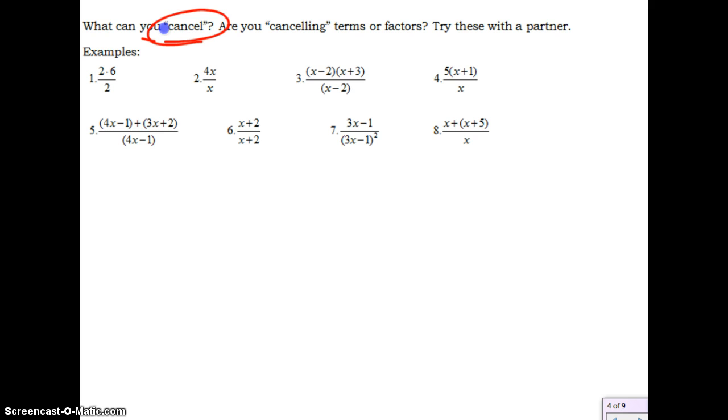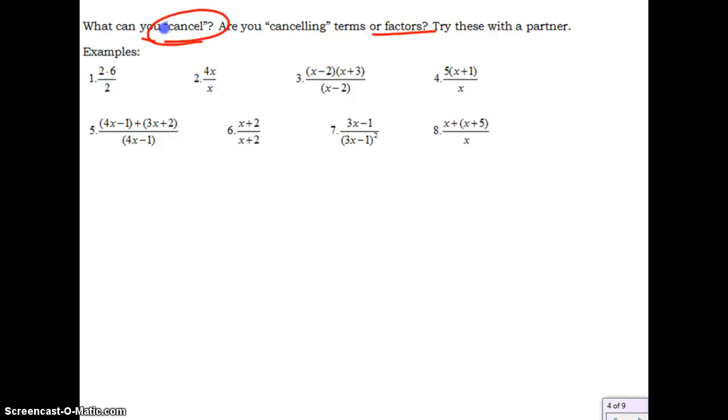So I cannot cancel out any terms that are separated by addition or subtraction. I can only cancel out factors because factors are multiplied by each other. So the opposite of multiplication is division, which is why I cancel, because when I divide, I make 1, right? The same factor in the numerator and denominator divides and makes 1.